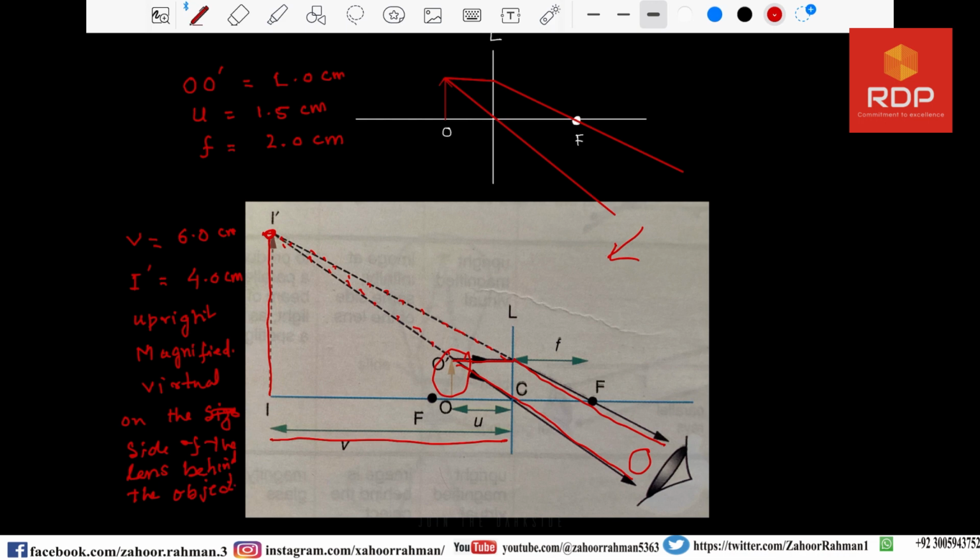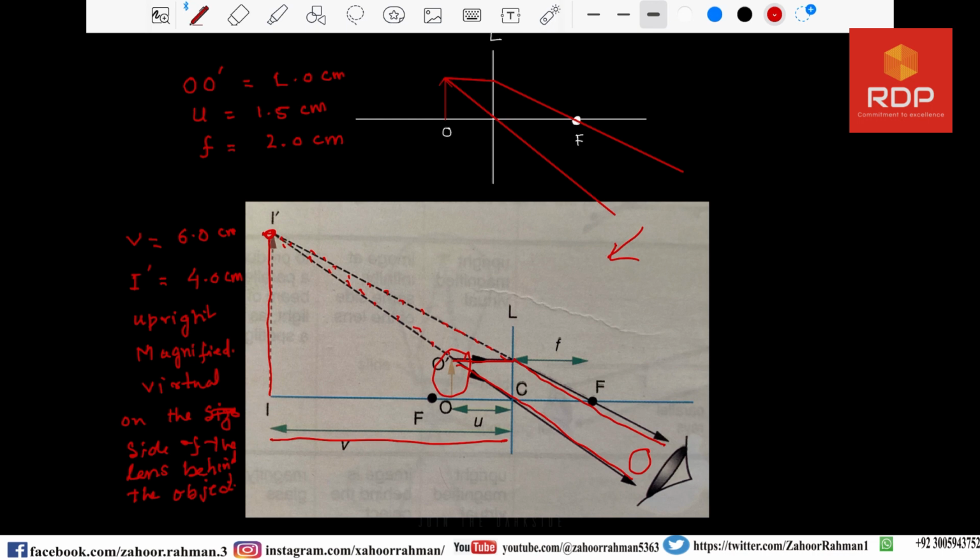So the main purpose of this worked example was how to magnify an image. In this way, a very small object can be observed in a very large size, just like we are using magnifiers.